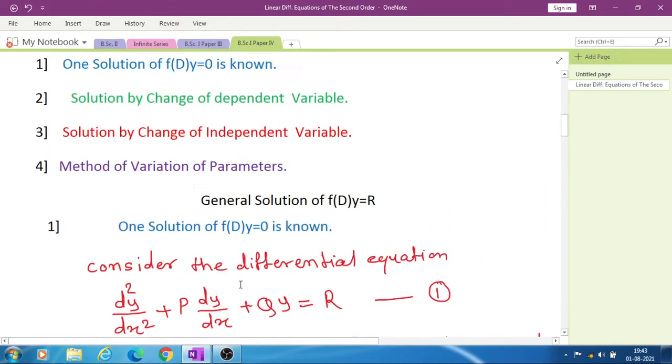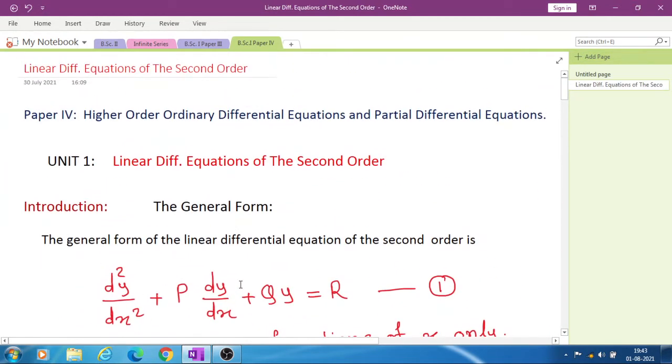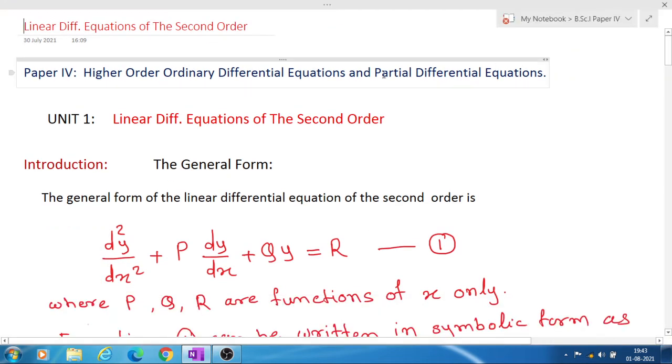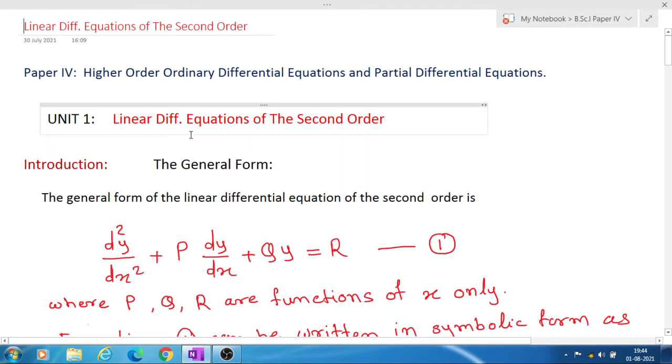Now in this lecture we start our next paper 4, that is linear differential equation of the second order. Paper 4 is higher order ordinary differential equations and partial differential equations, and the first unit is linear differential equations of the second order.